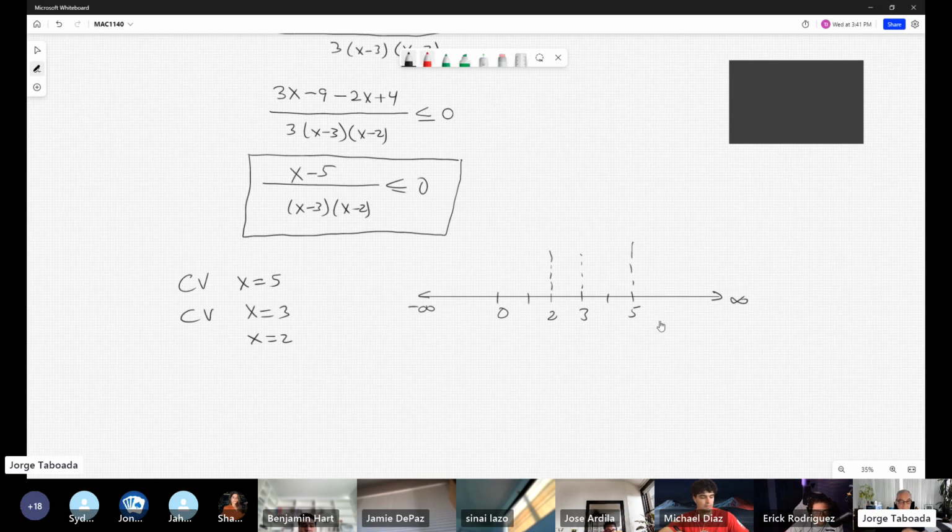And the testing points, guys, I select 1, maybe good, 2.5, maybe good, 4, and 6 or 7 or 11, whatever. I build my table.